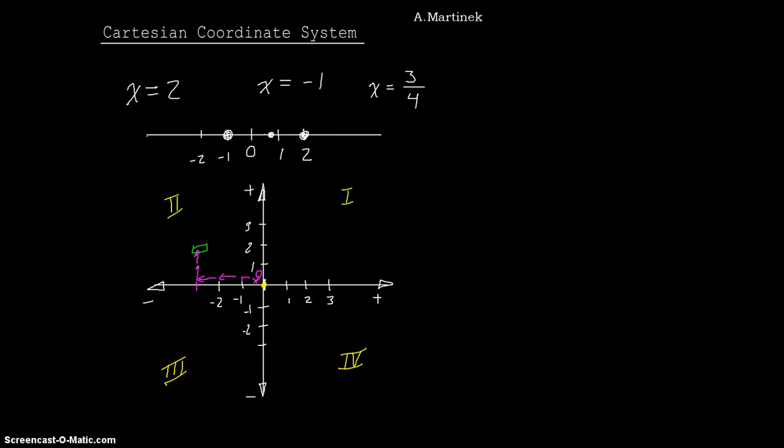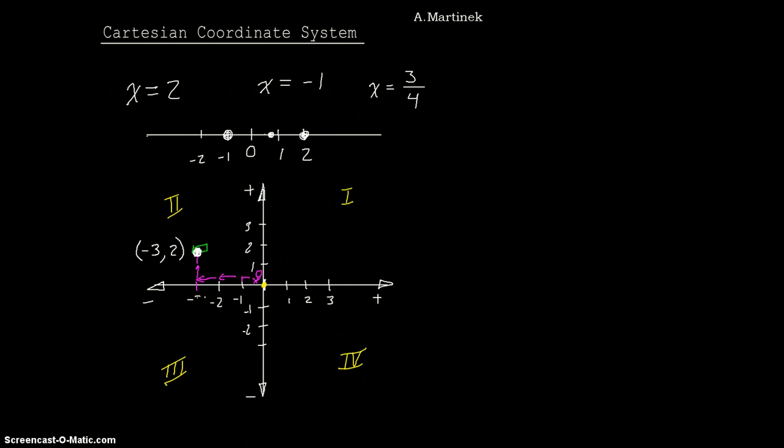Right? In mathematics, what we do is we give this point right here a designation. We call it a position or a point in space, in two-dimensional space, and we give it what we call an ordered pair. So in shorthand in mathematics, I would say this is the location -3, 2.